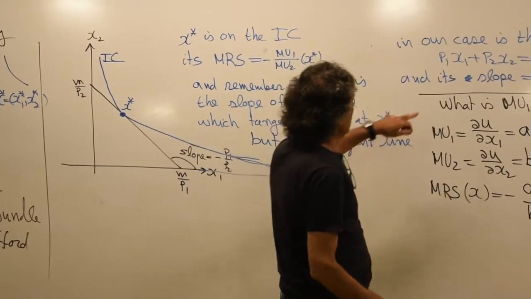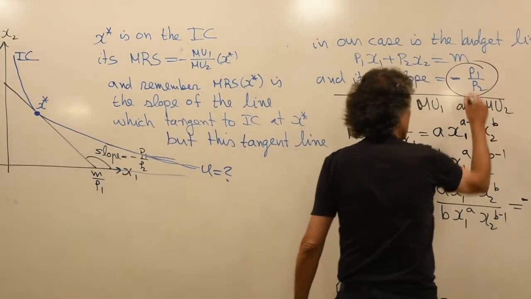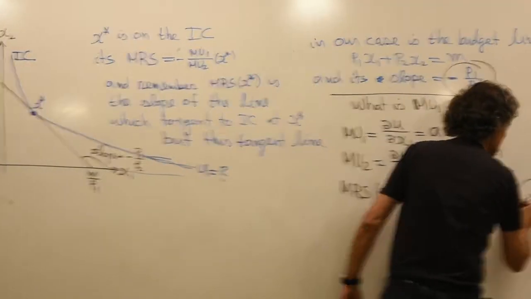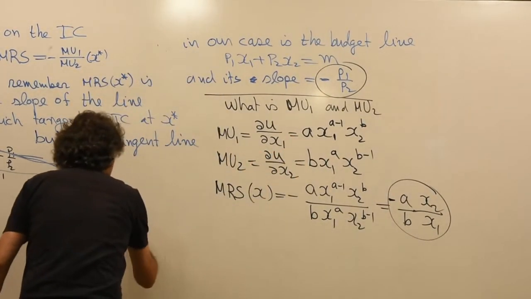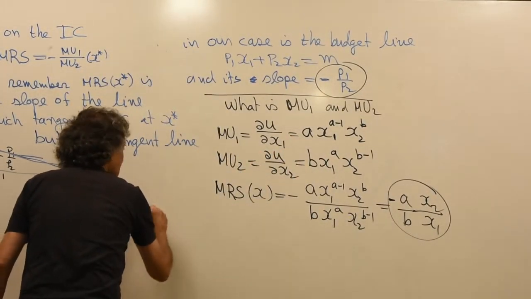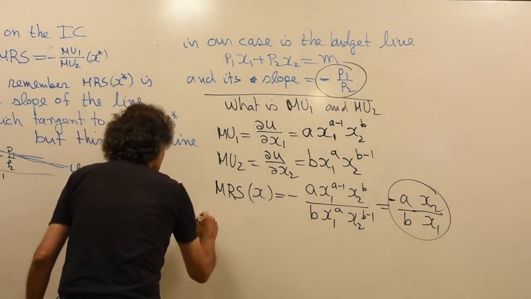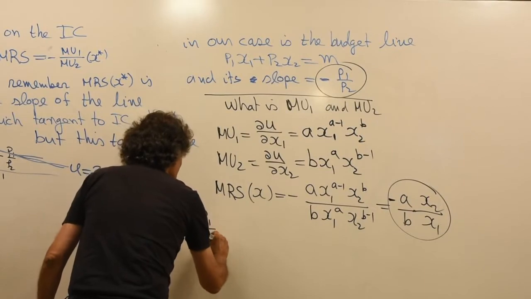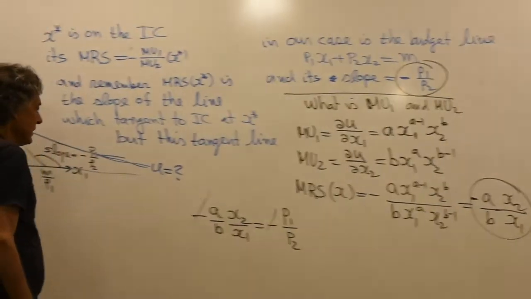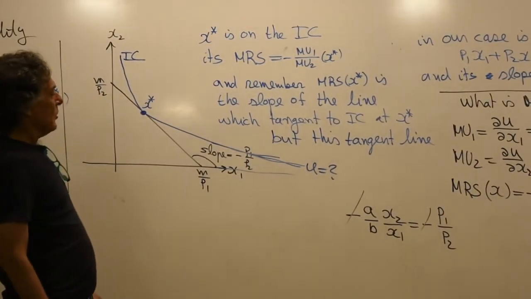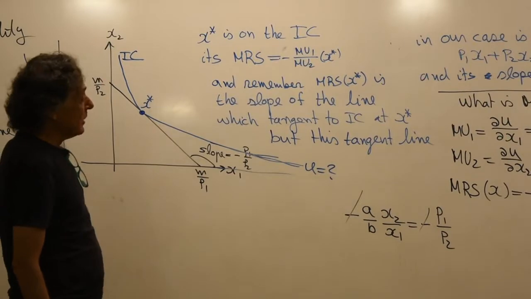Its slope is this. So now I have to equate these two. I'm getting that negative a over b times x2 over x1 equals negative p1 over p2. We take the minus out, and I can write down how x1 relates to x2, or what x2 is with respect to x1, it doesn't matter.